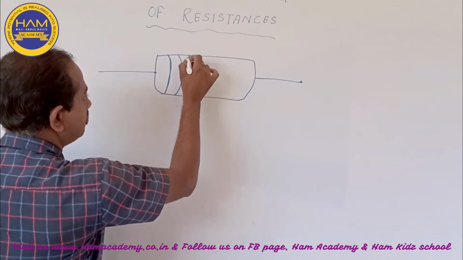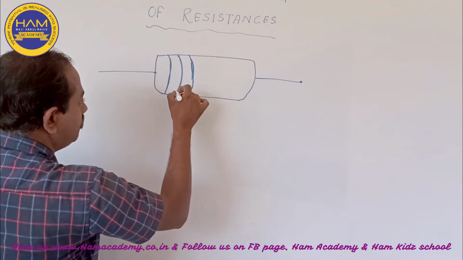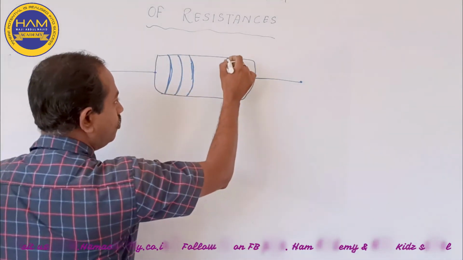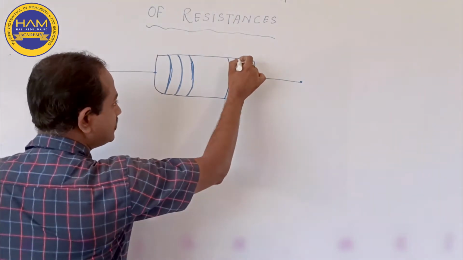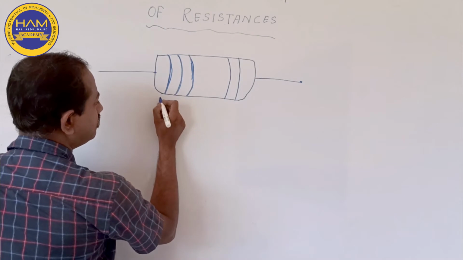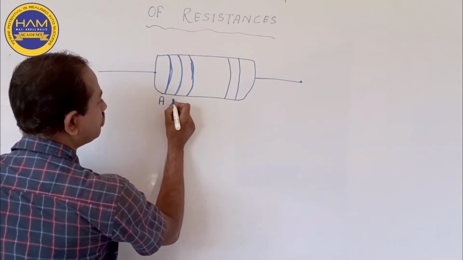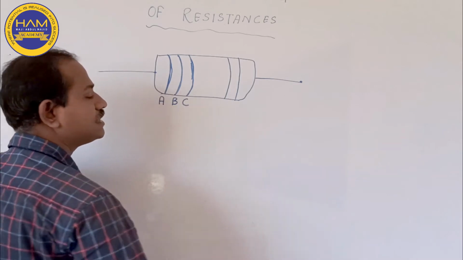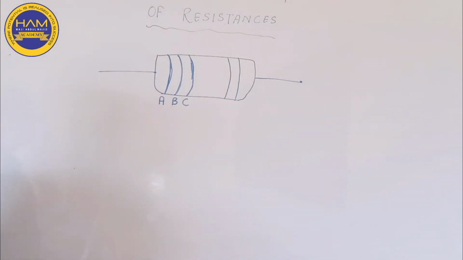These are some lines which you see on the resistances, and these are colored. Followed by that, there are two more lines at the other end. Now let us name this as A, this as B, and this line as C. Now you will be wondering how this can be; we can assume the values.